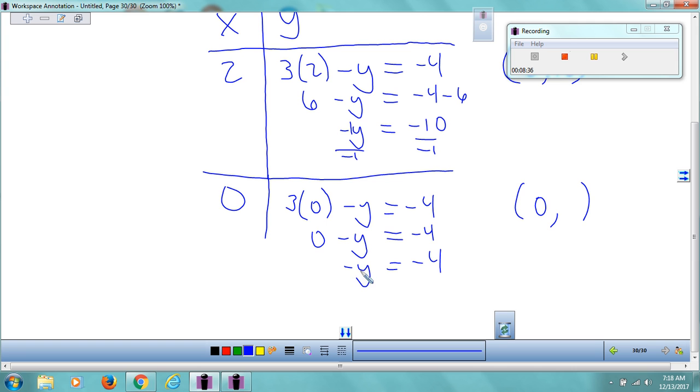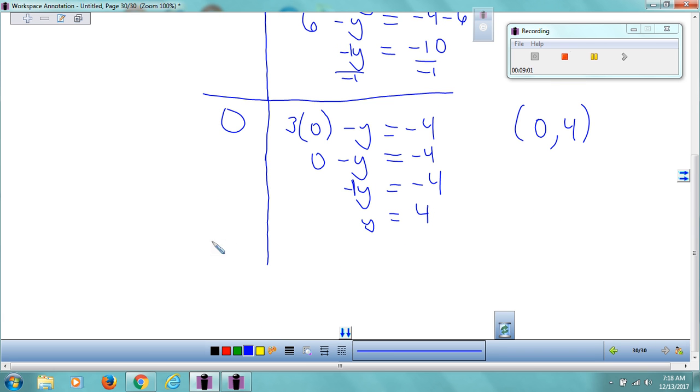What's the same as taking the opposite of y? Multiplying by negative 1. So we divide both sides by negative 1, and a negative divided by a negative is positive, and so y is 4. So if x is 0, y is 4. And this one fits, so that means 0 to the right or left, we go up 4. So from the origin, go up 4, and mark that.